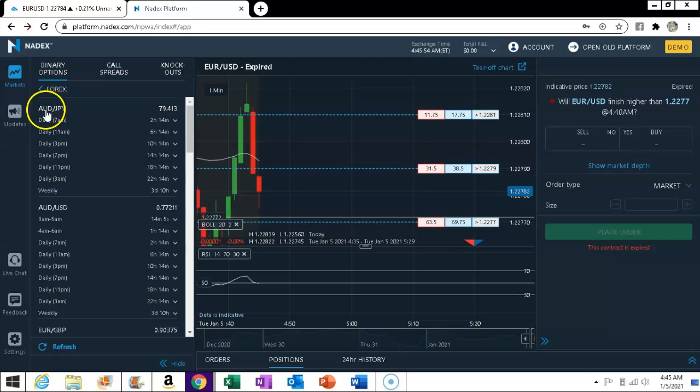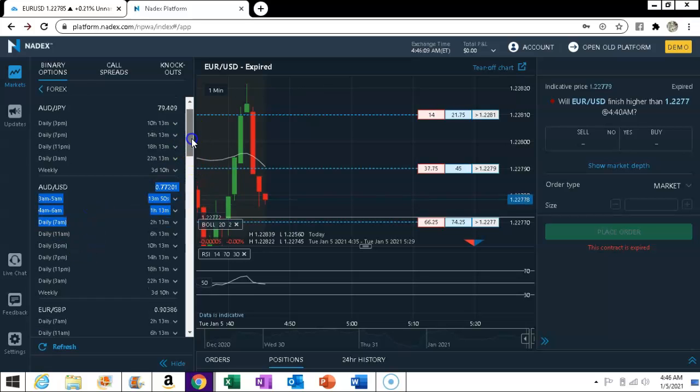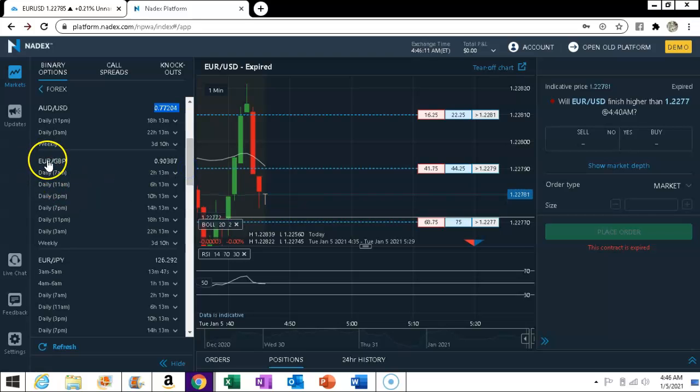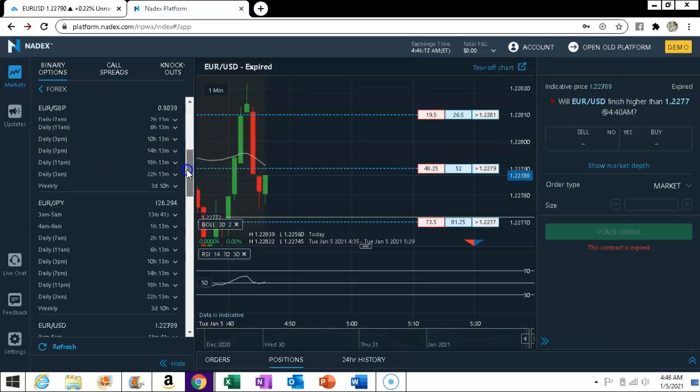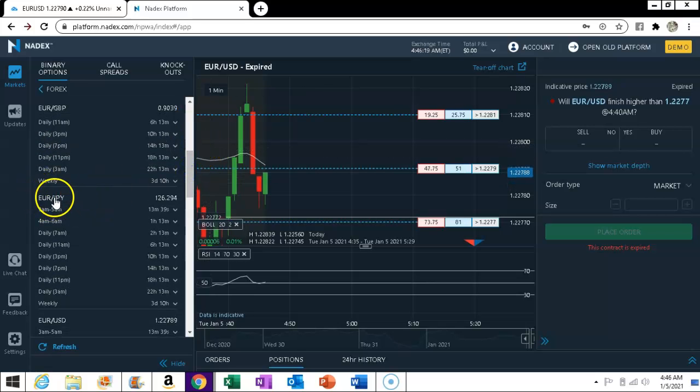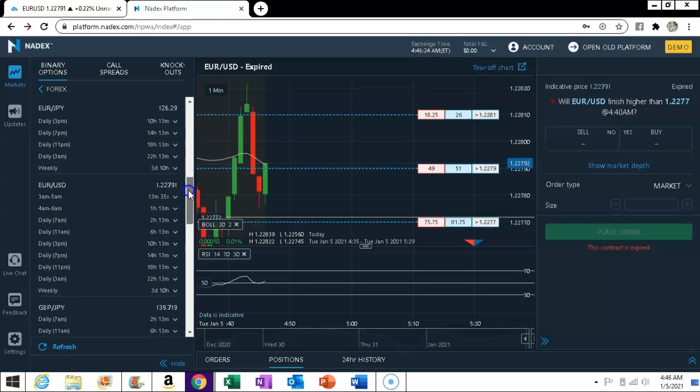So with Forex, each pair, which is the AUD JPY, which is the Australian dollar and Japanese yen, Australian dollar and US dollar, down. This is the euro and the Great British Pound. This is the euro on the Japanese yen, and so on.